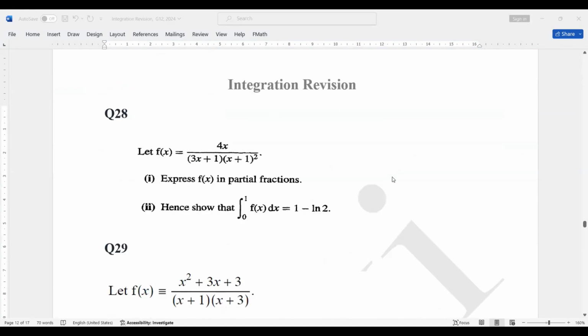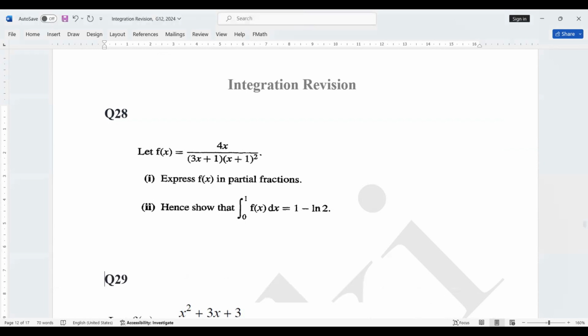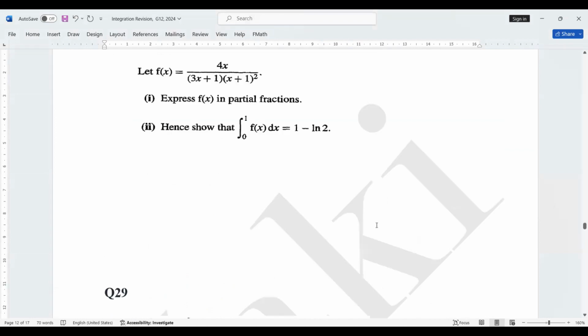Here, we use the partial fraction. We are asked to express f of x in partial fractions. How can we do this? This is about partial fractions with repeated linear factors. I will remind you about this one.